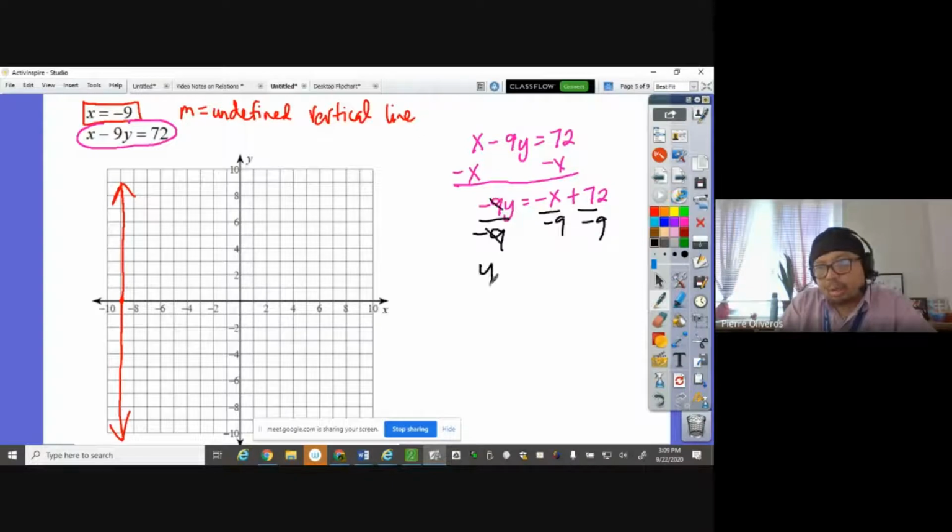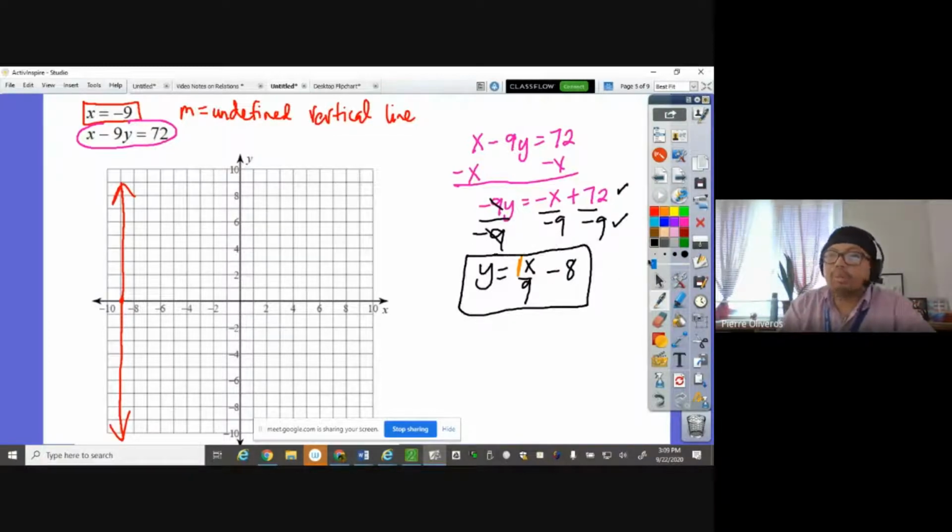Cross it out. Y is equal to x over 9. Remember, there's an invisible 1 right here. Minus 72 divided by negative 9 is negative 8. So therefore, that is my slope-intercept form. Therefore, the slope here is 1 over 9, and the y-intercept is negative 8.